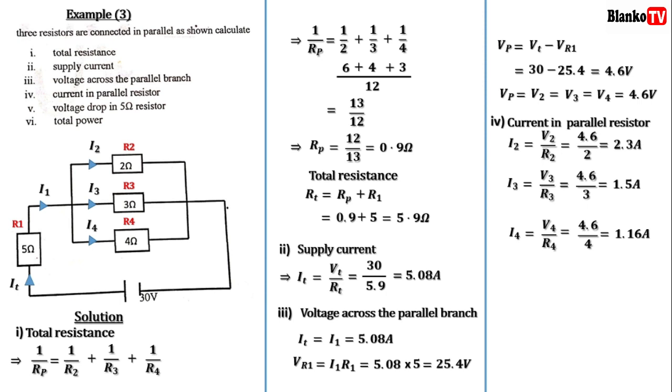Okay, so the next one, V, is to calculate the voltage drop in the 5 ohm resistor. And the 5 ohm resistor is resistor R1.